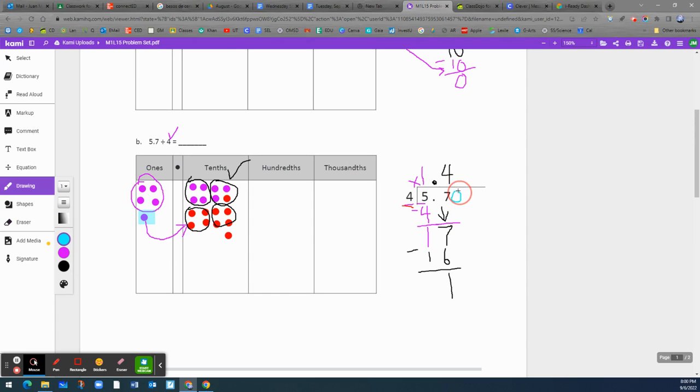If we add a 0 here, then we can regroup it, which means that we have 0 hundredths. So now we have 10 hundredths, which is going to happen right here. Now we're going to create 10 hundredths. Let me get my tool here. It's going to be 1, 2, 3, 4, 5, 6, 7, 8, 9, 10.